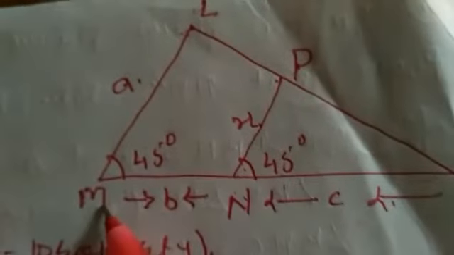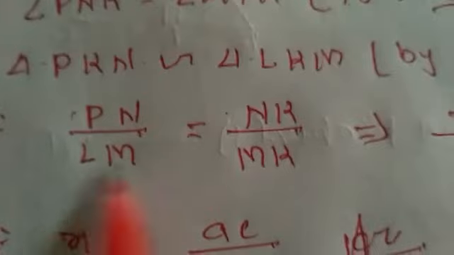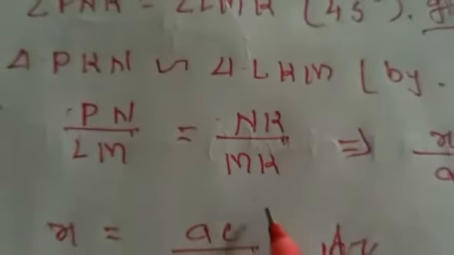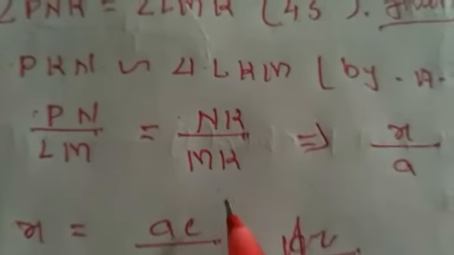So write their corresponding sides in proportional form. Let's see in the figure. We have PN by LM equals NK by MK. Now substitute the values given in the figure.